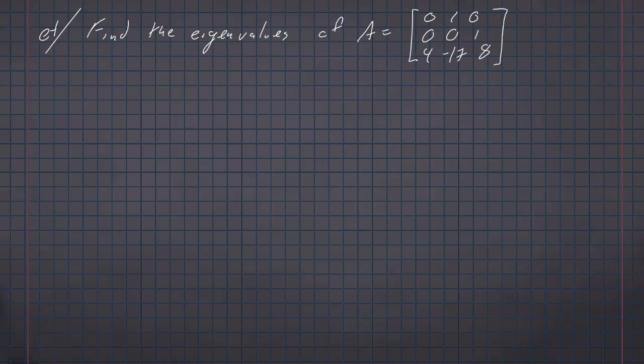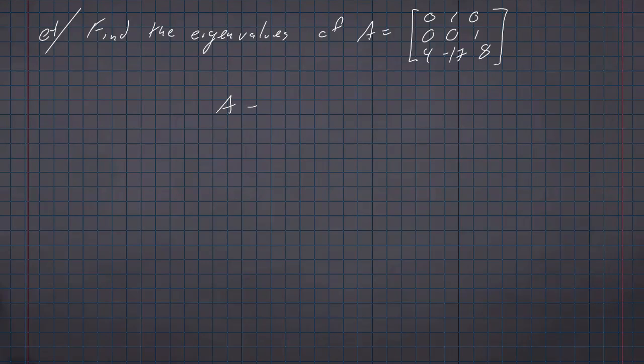Let's find the eigenvalues of matrix A, which is equal to 0, 1, 0, 0, 0, 1, 4, negative 17, 8. Once again, we start off.